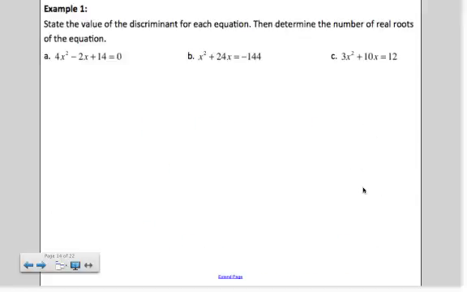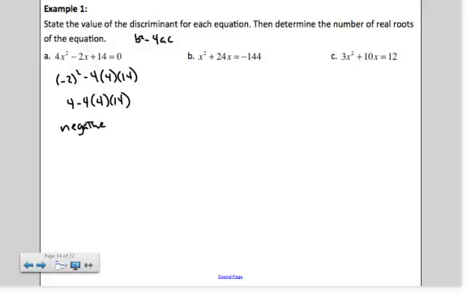Okay, so using this table, we can state the value of a discriminant and then determine the number of real roots for each equation. So here we go. It's b squared minus 4ac. So b squared is negative 2 squared minus 4 times a times c. Well, that's 4 minus 4 times 4 times 14. Well, clearly this is negative.